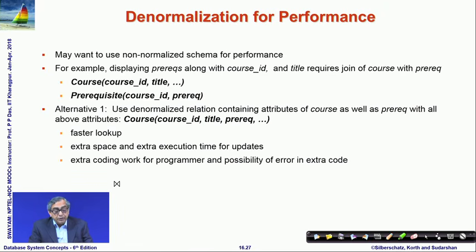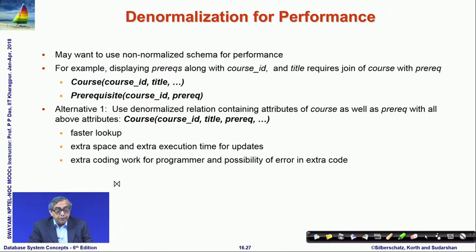One alternative could be that you use a denormalized relation, where the course prerequisite is actually included in the course, and you know that will have violations of some of the normal forms, because there are functional dependencies between them.